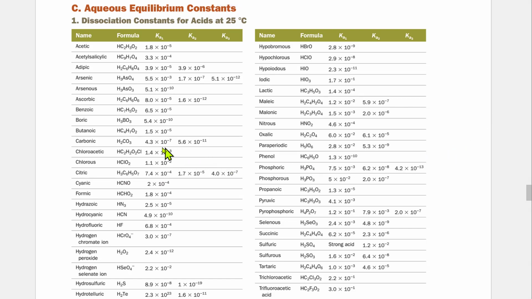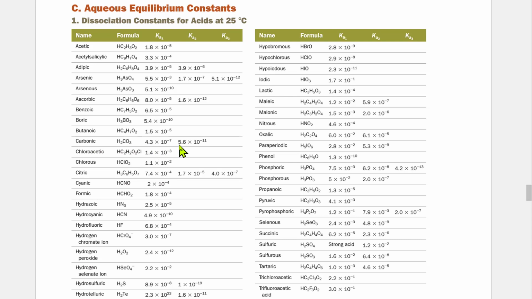Now, I think these are the same in all the editions, but you would be surprised to see how many people list different values because they looked them up from different sources. They're probably all well referenced, but depending on the situation in which they were collected or measured, those values can change quite a bit. So what I did is I looked up carbonic acid, and I got 4.3 times 10 to the minus 7.